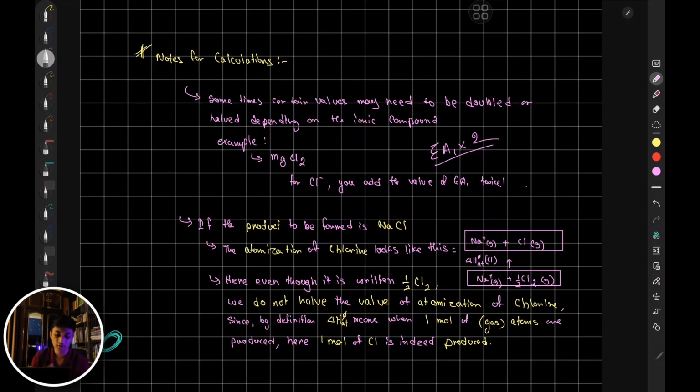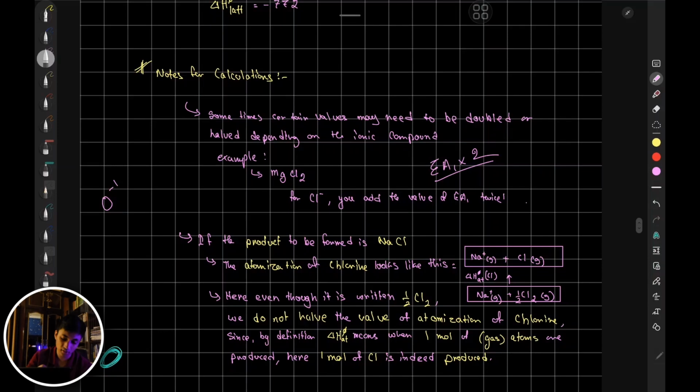In this case, where you're turning O-1 to oxide, you don't multiply Ea1 times 2. That would be wrong. A lot of people also make this mistake, so don't do this. You're supposed to add first electron affinity, then the second electron affinity.